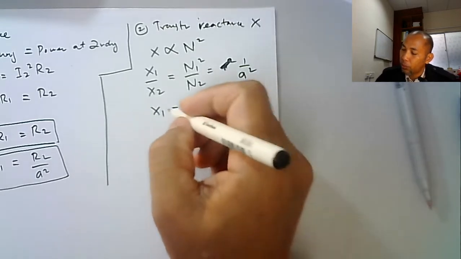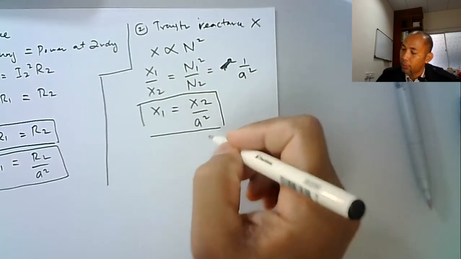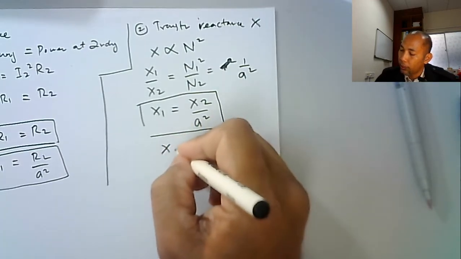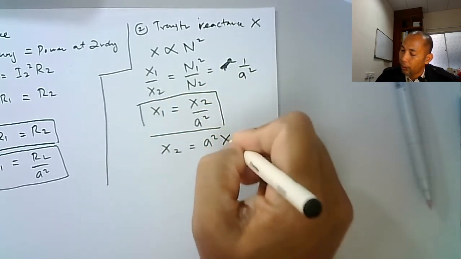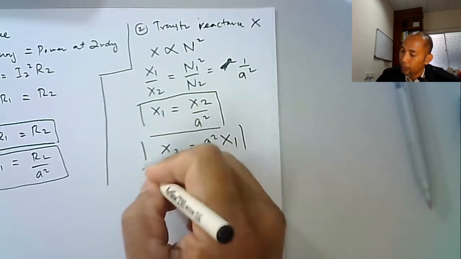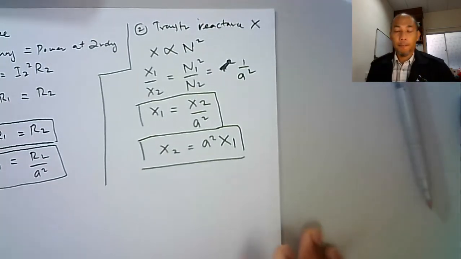This one is referred to primary. And also referred to secondary, X2 equal to A square X1.